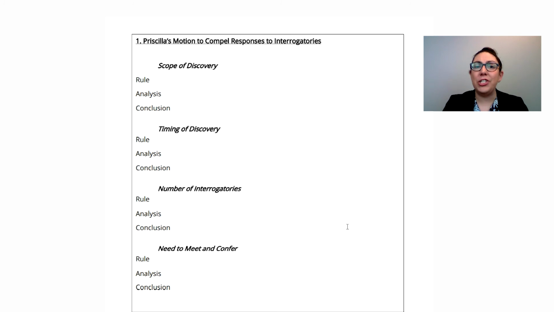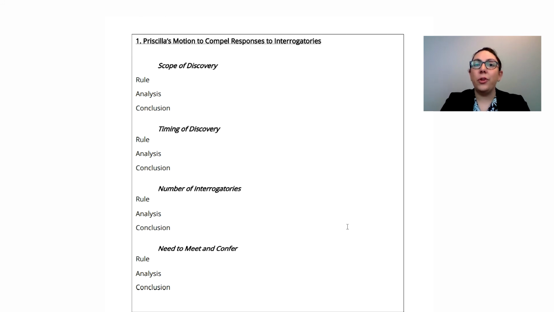This particular question dealt with the number of interrogatories. Parties are only entitled to a certain number of interrogatories in a lawsuit, and they went beyond the allotted number here. And then they also needed to discuss the need to meet and confer prior to filing this type of motion. So all of these things were sub-issues that need to be addressed within this first main question.